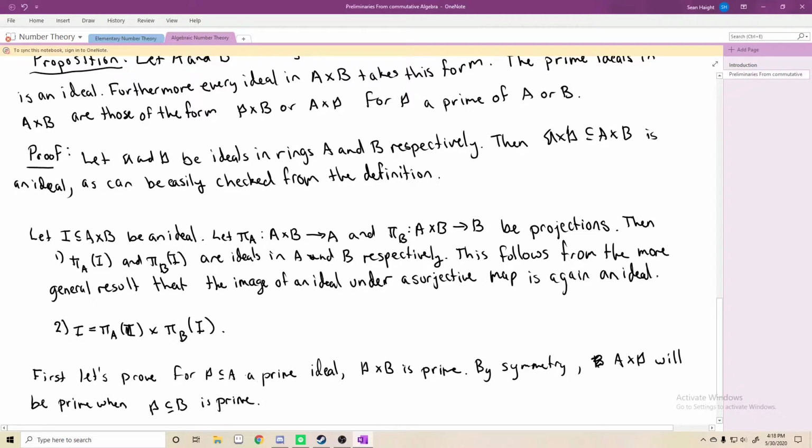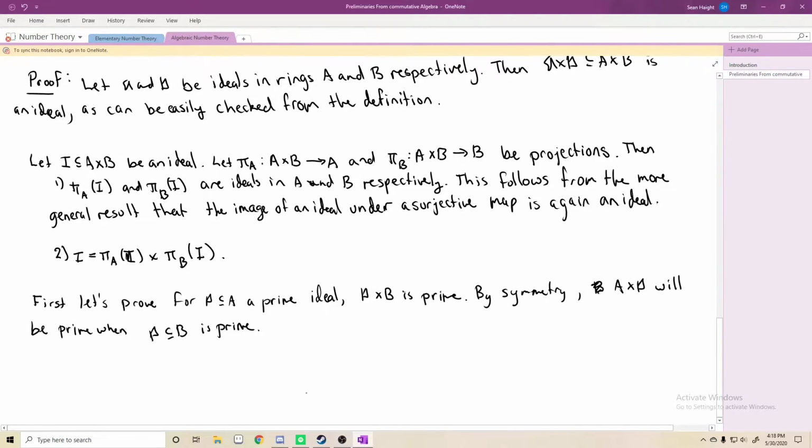Okay, so first let's prove that P cross B is prime. You could check this directly just using the definition of a prime ideal. However, there's maybe a slightly slicker argument, which looks like this.